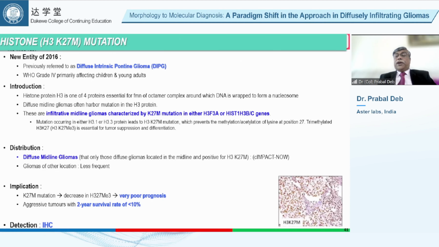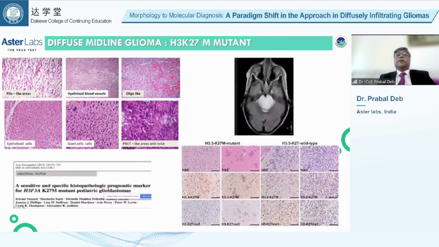It can be evaluated using immunohistochemistry because any of these tumors which has K27M mutation has very poor prognosis with aggressive outcome. Survival rate at 2 years is less than 10%. These midline gliomas can have varied morphology. They can have pilocytic-like areas, hyalinized blood vessels, oligodendroglial areas, peanut-like morphology, giant cells, or epithelioid cells.